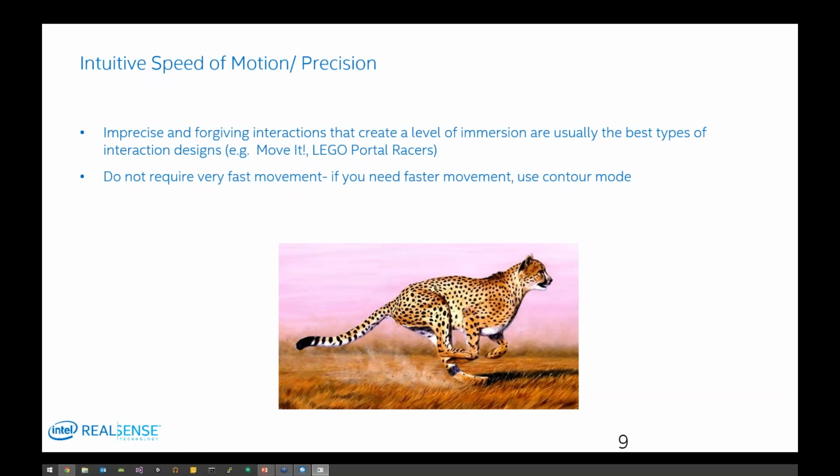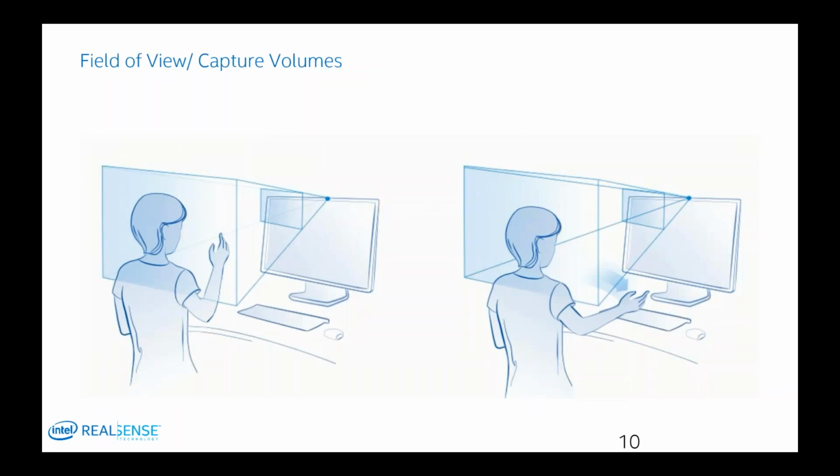So, back on the field of view issue, here's an artistic view of the field of view of the camera and of how the user should interact with it. So if the user is reaching for his keyboard, the hand is going out of view. Same for the table and everything that is right down.